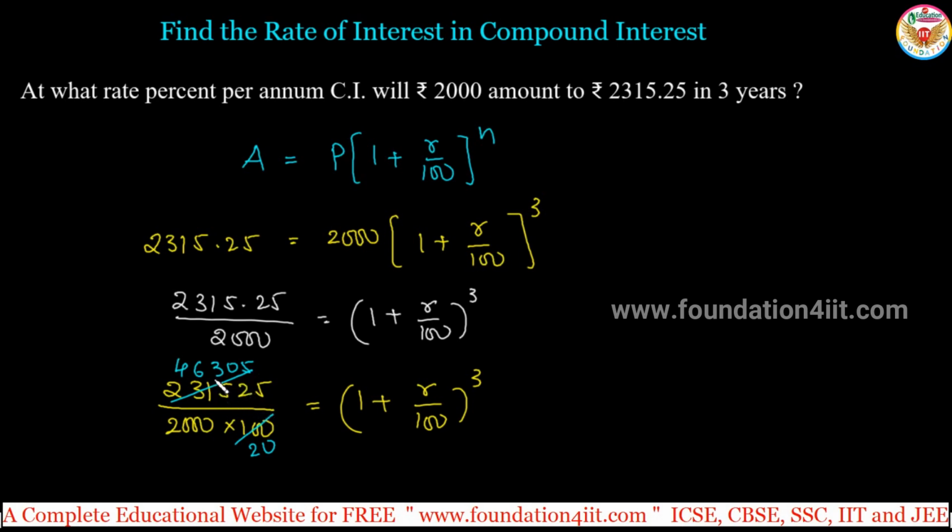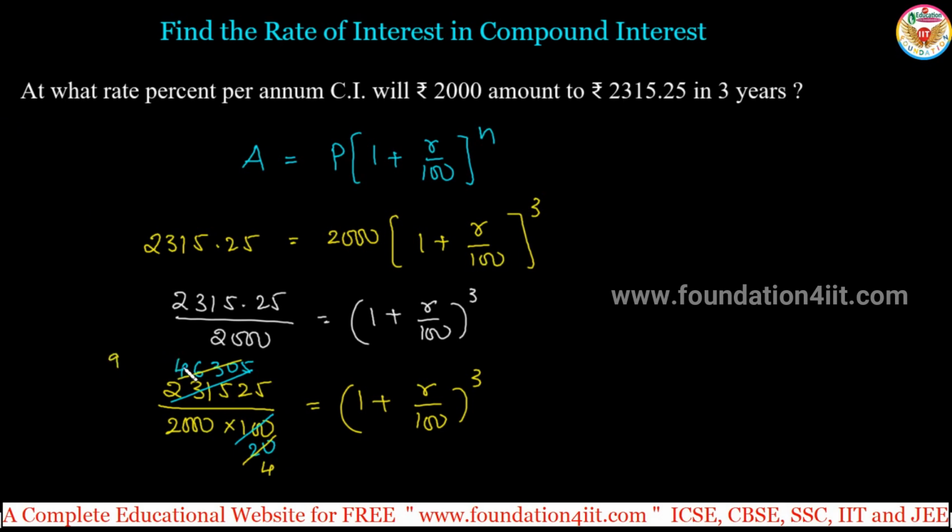More we can simplify, 46,000. Again with the 5 table you can cancel. 5 4s are 20, again how much will come? 5 9s, 2 is a 10, 6 1. Okay, cancel with the 5 table. 9261 divided by 2000 into 4. 2000 into 4 is 8000.